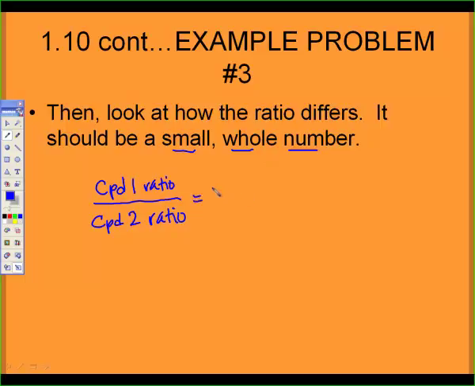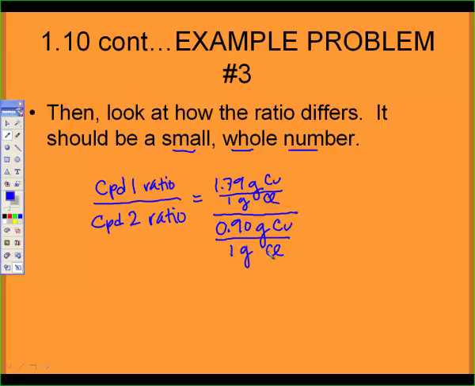So that first ratio was 1.79. And remember, that was grams of copper, and it was for every 1 gram of chlorine. We're going to divide that by 0.9 grams of copper for every 1 gram of chlorine. Well, what this is going to do is it's going to get rid of pretty much everything except for these two numbers.